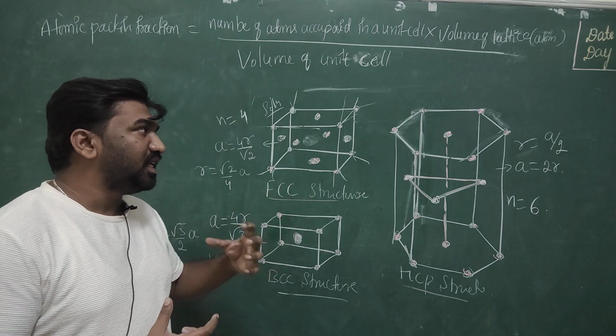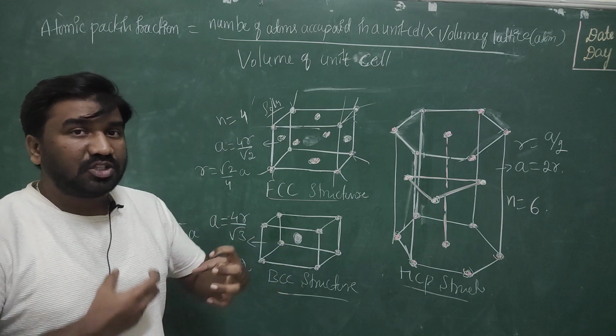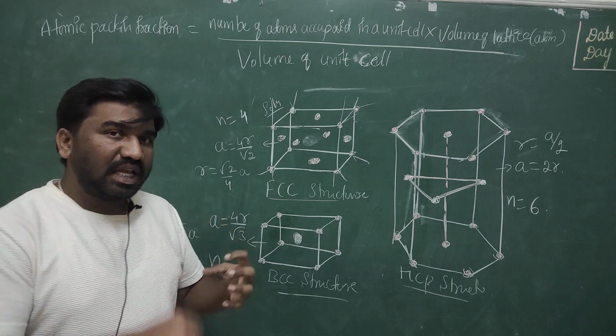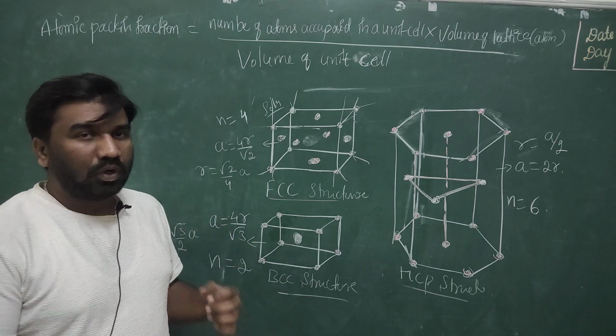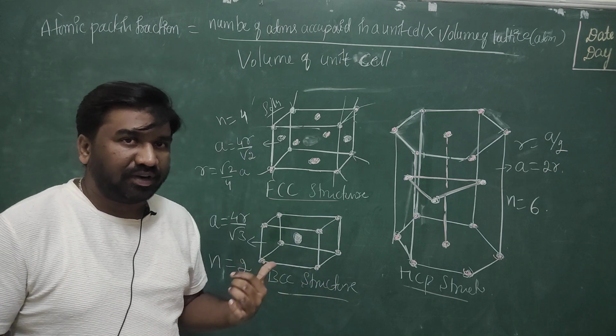If packing fraction is more, then the crystal bonding is high. It is not possible to break that type of crystal easily. Also, many properties of these crystals depend on this packing fraction.